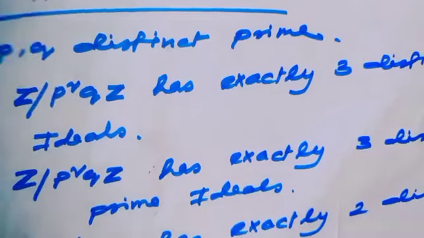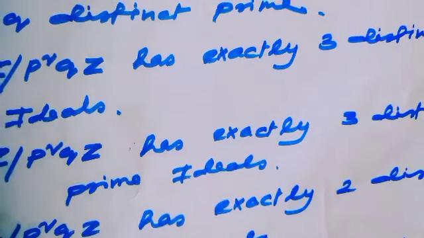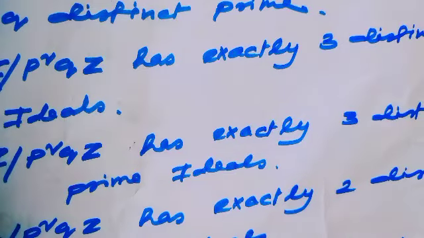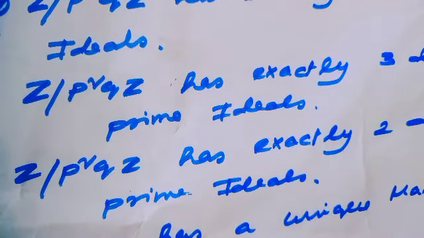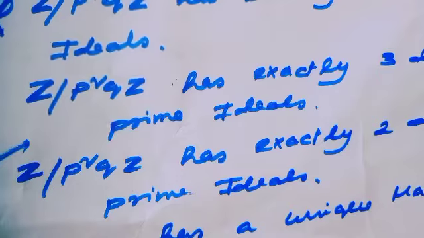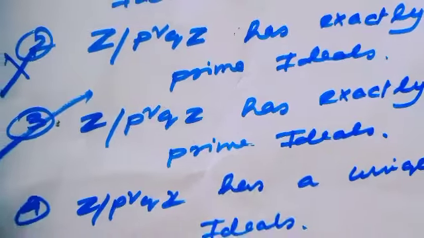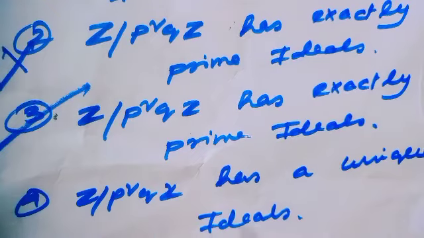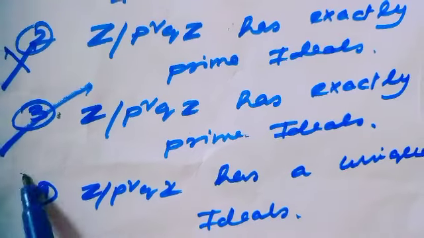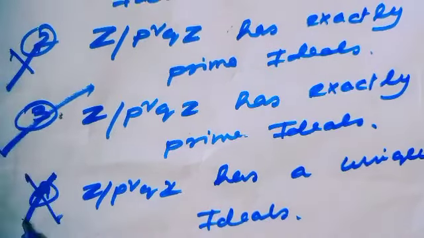This is also a wrong option. And option 3 is the right option. It indicates Z mod p² qZ has exactly 2 distinct prime ideals. This is the right option. And option 4 is also wrong. Z mod p² qZ has a unique maximal ideal. This is also wrong.